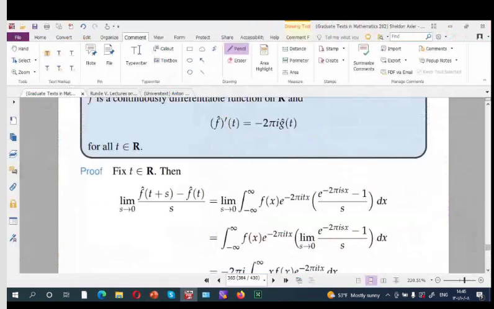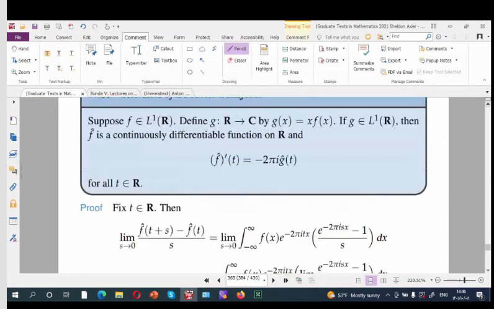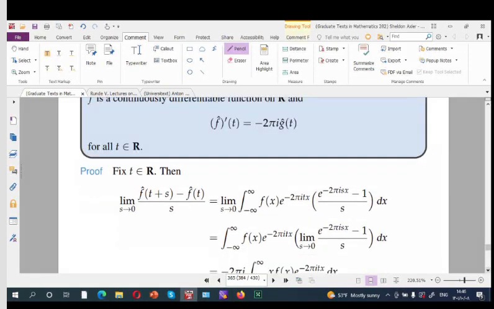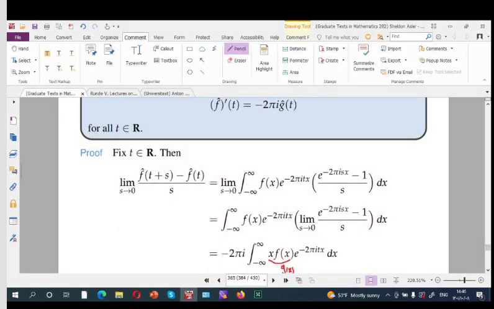This function is integrable because this is less than this function, and this function is integrable.